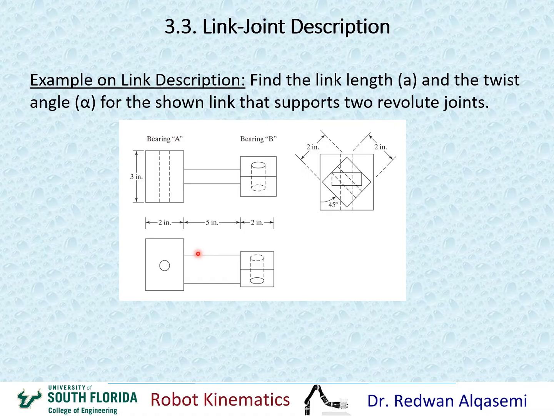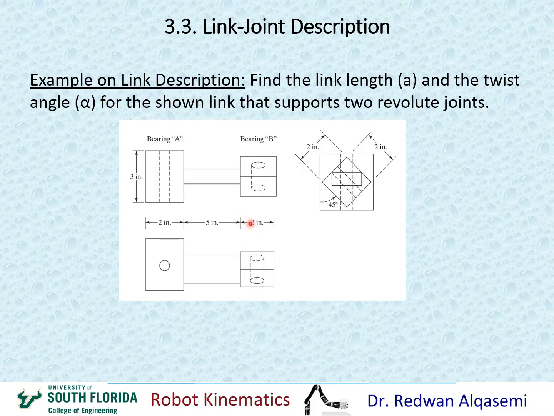Let's start with the link length A, and we have to always consider this from the center of the bearing, which is this point right here. That would be half of the 2 inches, which gives me 1. So I have 1 inch from here to here, and then this whole length, which is 5, so that makes 6 inches so far. Then I have to go to the center of the second bearing, which would be 1 out of the 2 inches, another inch.